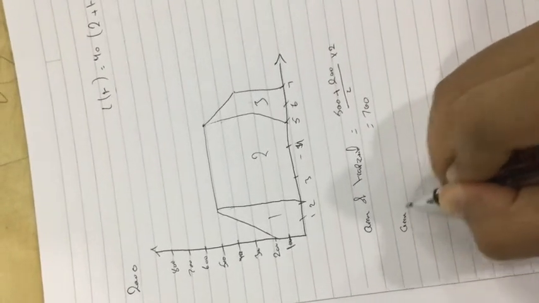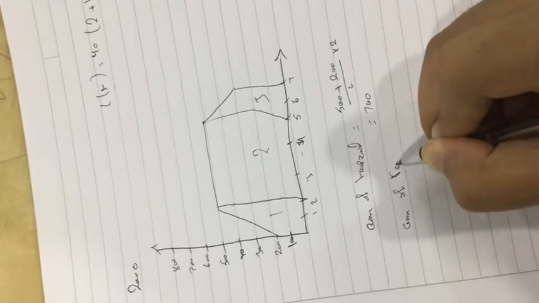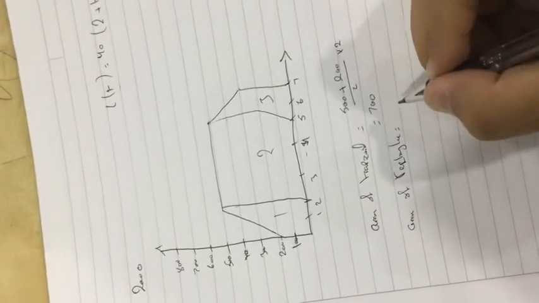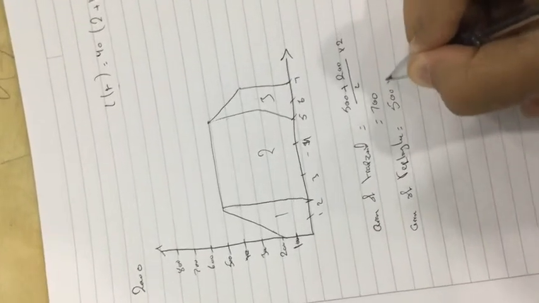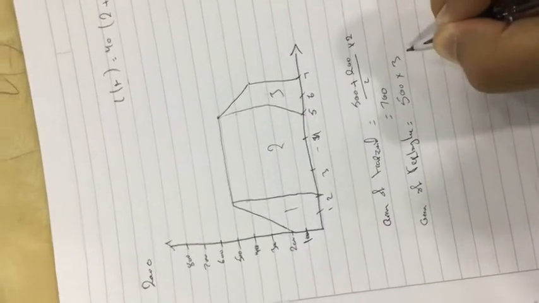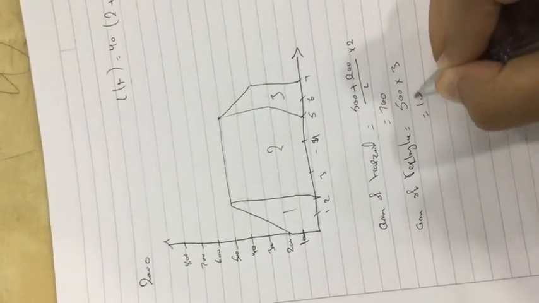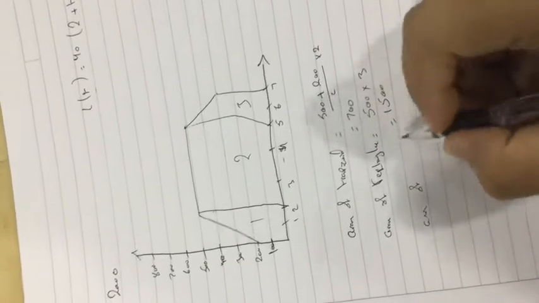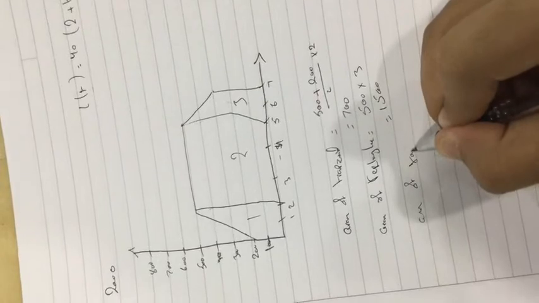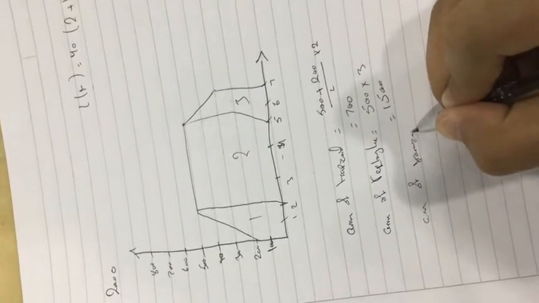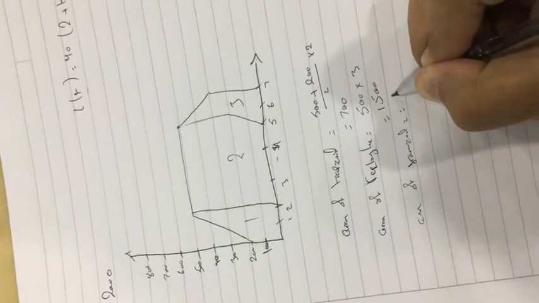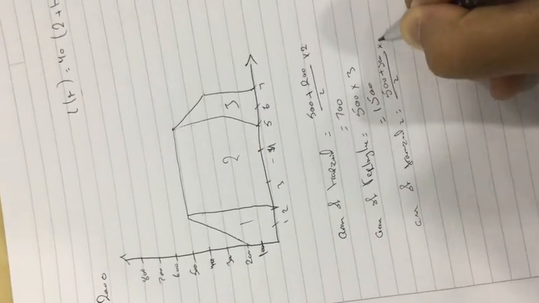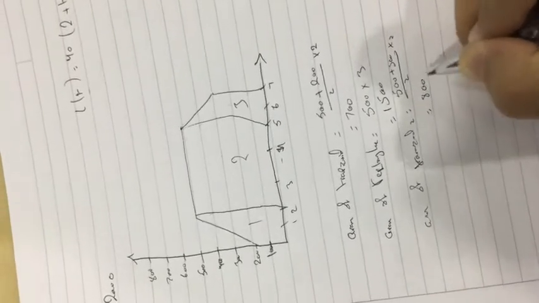Here the area of the rectangle is 500 times 3, which is 1,500. And here the area of the trapezoid is 500 plus 300 over 2 times 2, which is equal to 800.